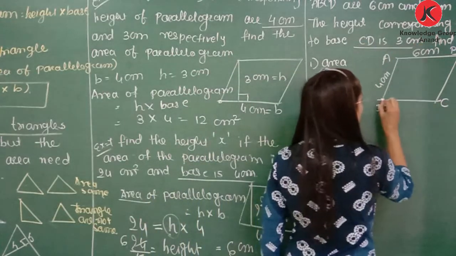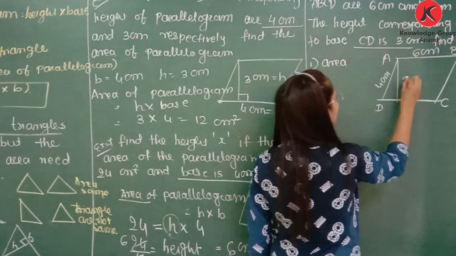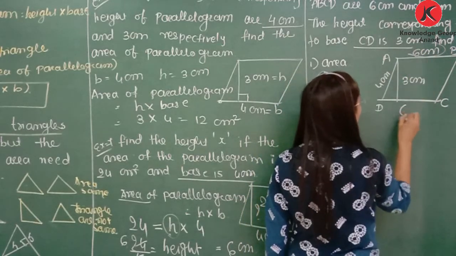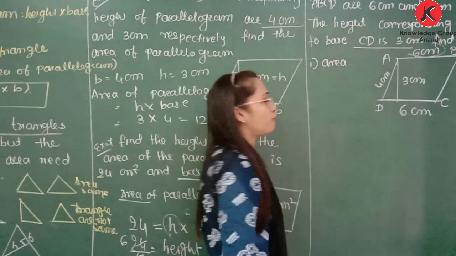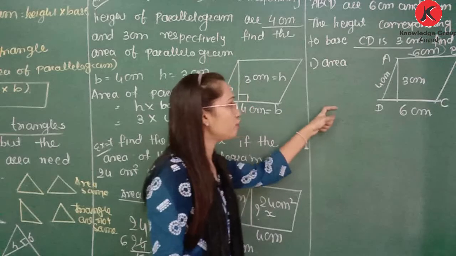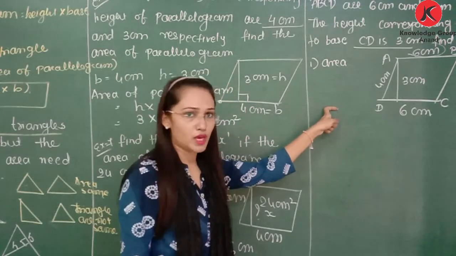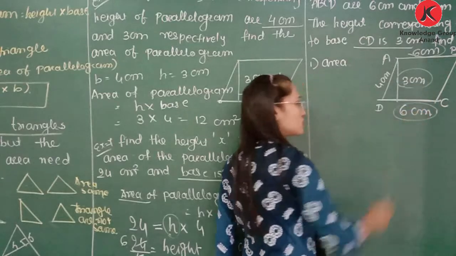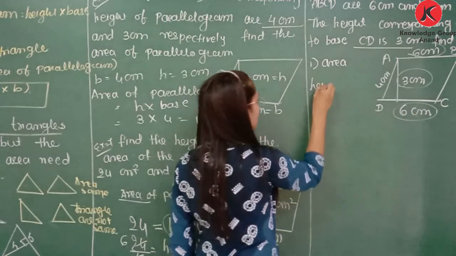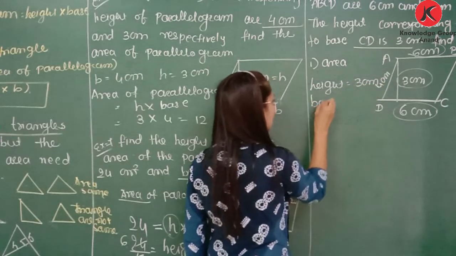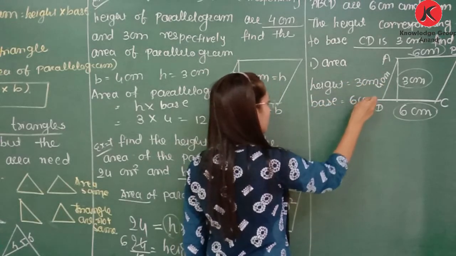This is CD, so the height will be this one, 3 centimeter. First question is find the area. How can we find the area if we know the height and the corresponding base? So this is the height and this is the base, both values given. So we can consider height is equal to 3 centimeter and base is equal to 6 centimeter.